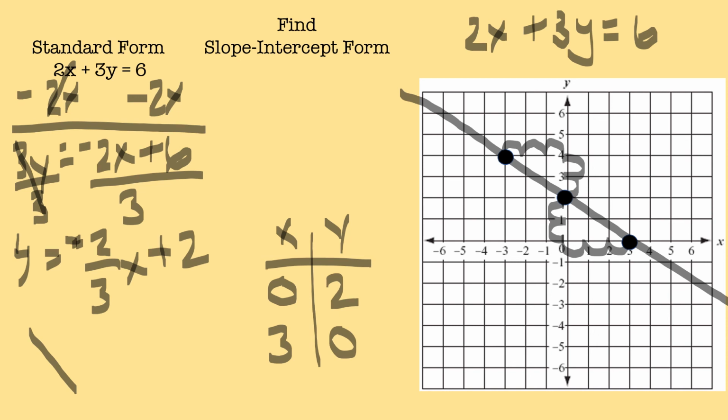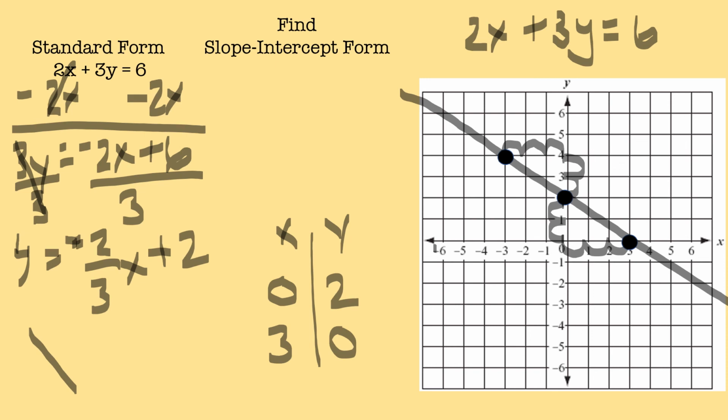Now, depending on the problem, you might not be able to do it this way. So this right here is my y-intercept, and this is my x-intercept. Oh, wait a minute. Backwards. Okay, one more time. This is when x is 0, this is y, whatever y is.